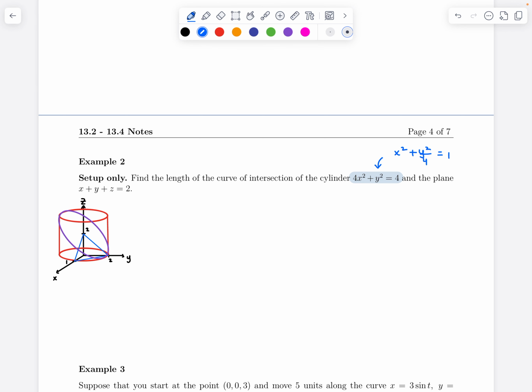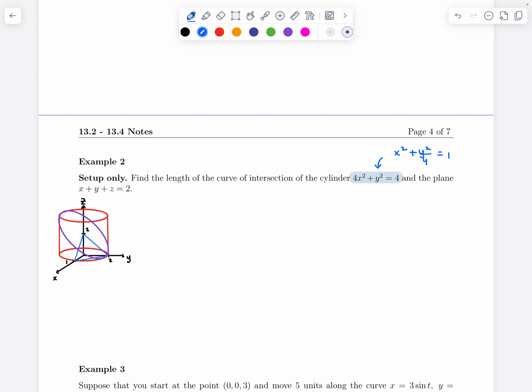Now, we know that if we're parametrizing a circle where the coefficients on x and y are the same, then we just use x equals r cosine t and y equals r sine t. But instead of having the same coefficients on sine and cosine, we will have different coefficients because the x and the y directions are stretched along different axes because of the differing coefficients associated.